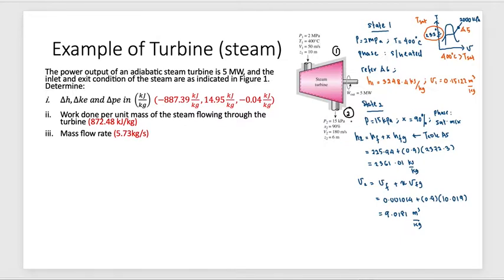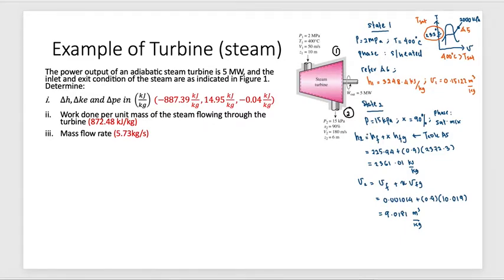So we have to check the phase. But as I said, if X is given, then we know that this phase is saturated mixture. How to find H2 and v2 if the phase is saturated mixture? We use a special formula. What is the special formula?